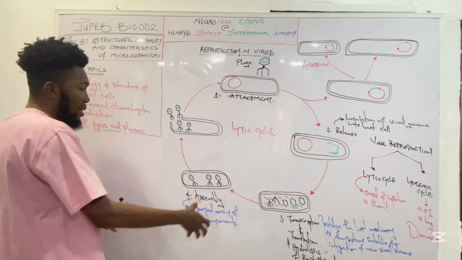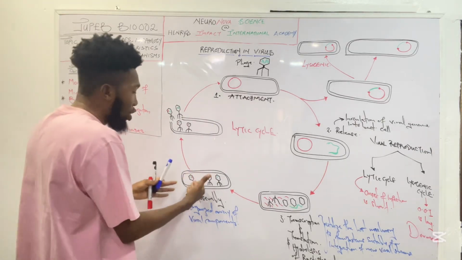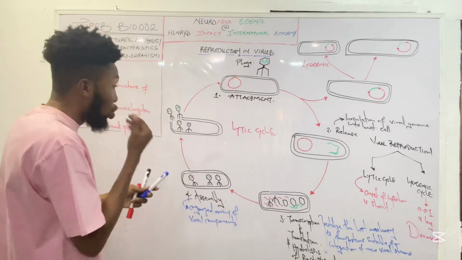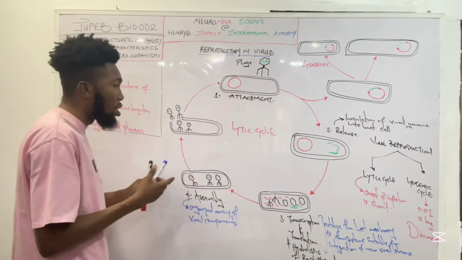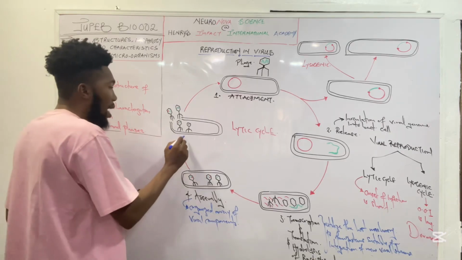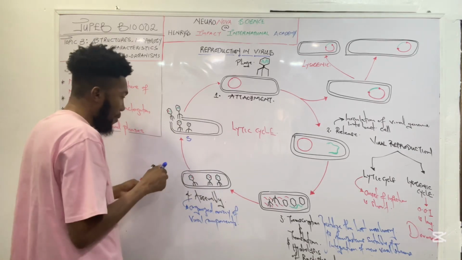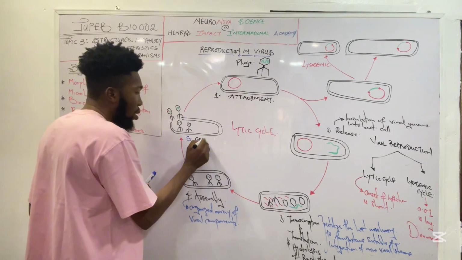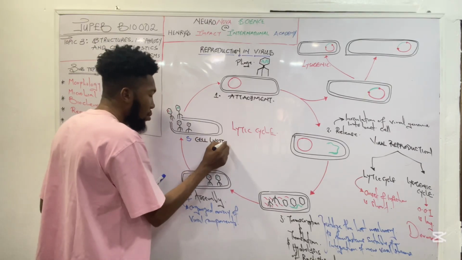So after the assembly there will be large, I just drew 3 here. There will be numerous, millions of those viral strains. So what happens there is that after a period of time, it will initiate what we call lysis. So that's step 4. In that step 4, you're having what? You're having lysis, cell lysis.